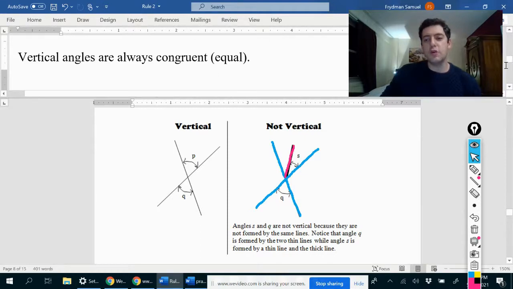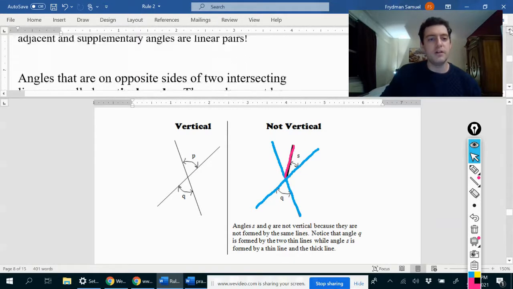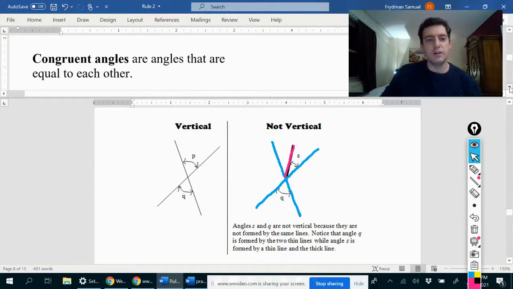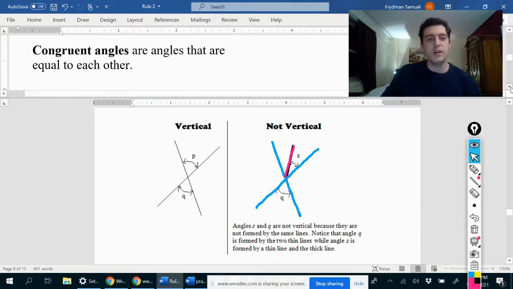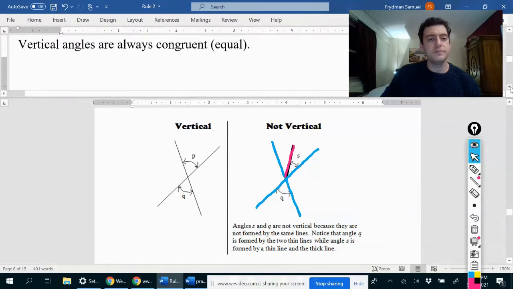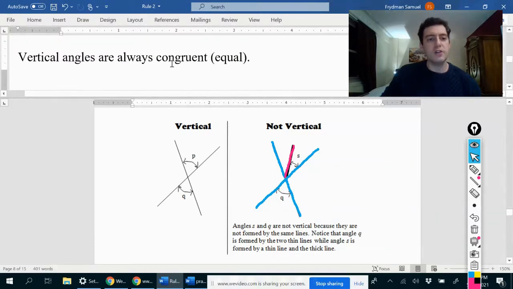Remember that congruent, if we go back up here, was one of the vocabulary words that we learned. Congruent angles are angles that are equal to each other. So I also repeated that over here. So for example, angle P over here would be congruent to angle Q. Angle P and angle Q are exactly the same size. They're equal to each other.